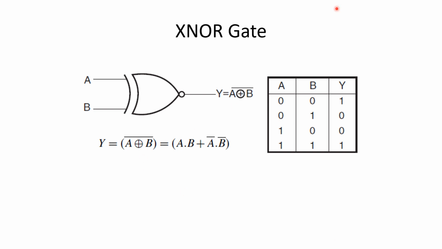The Boolean expression for a 2-input XNOR gate is y = (a XOR b)̅. This can also be expressed in terms of AND, OR, and NOT operations.